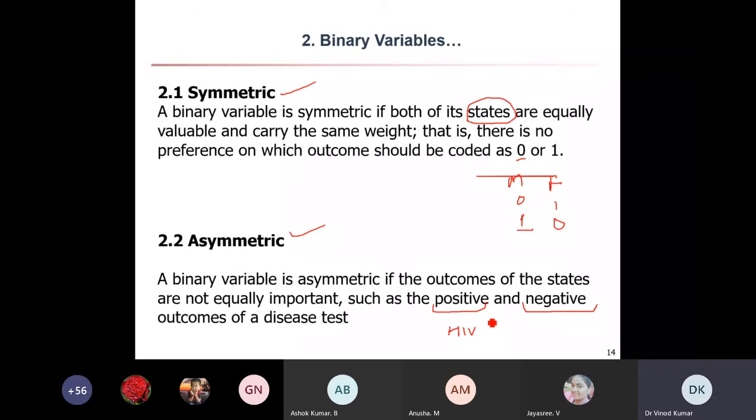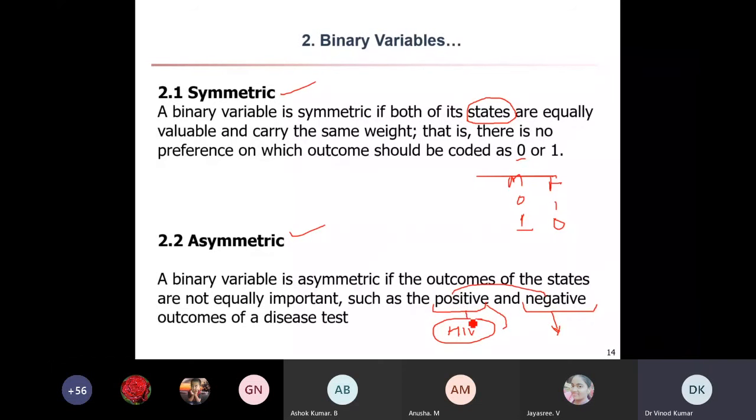So we have a very rare case for the positive case, and the negative case will be more. So here for positive and for negative, the weights are different. We can't say positive as a negative. We can't convert it.